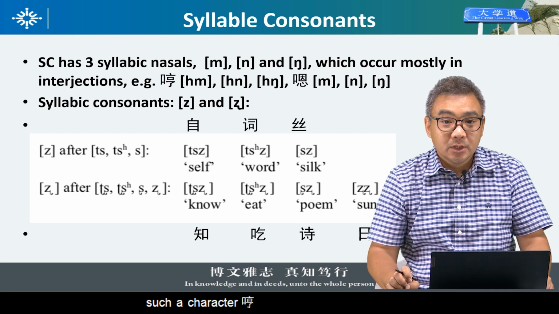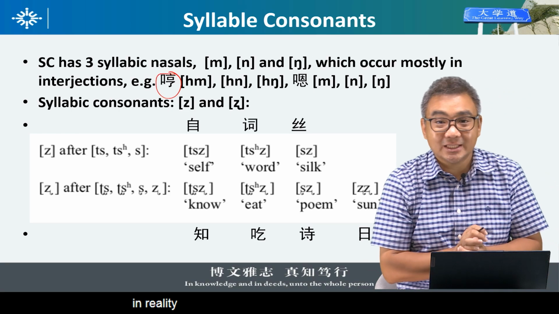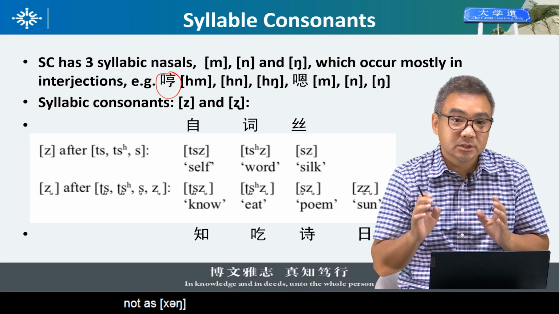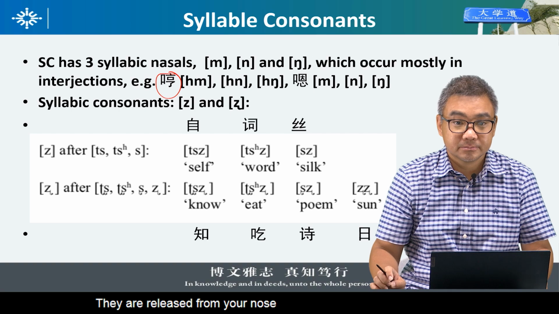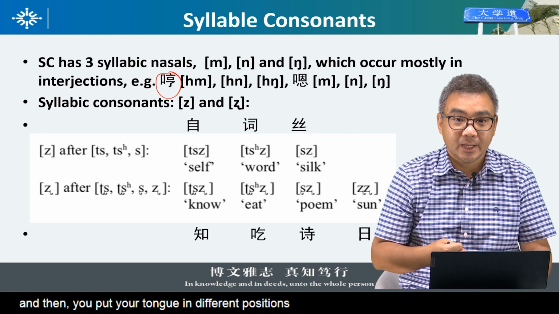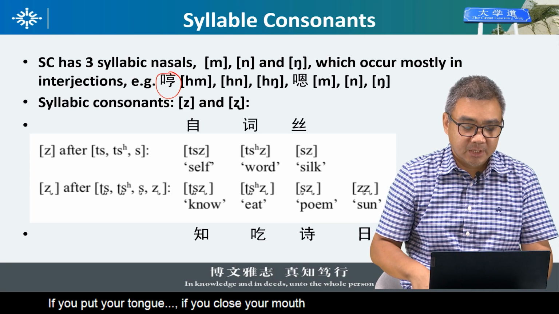For example, such character hung, okay, in reality, you always pronounce that not as hung, but they're released from your nose, and then you put your tongue into different positions.